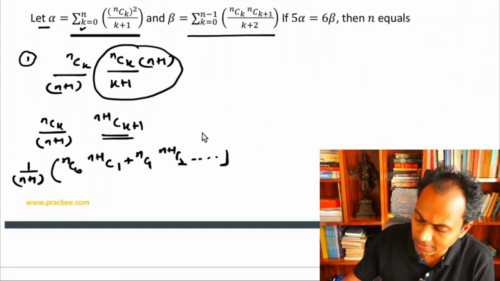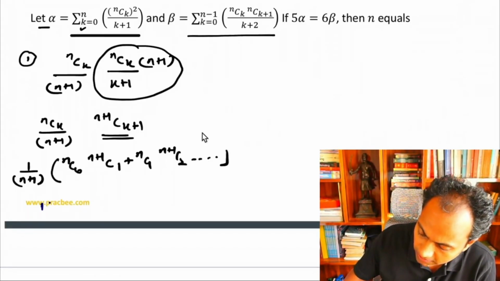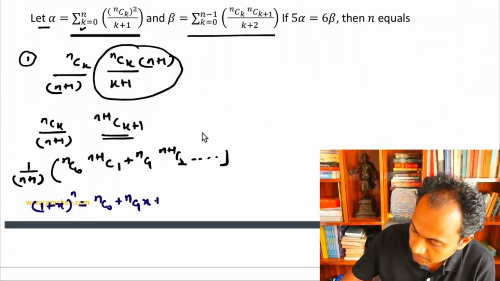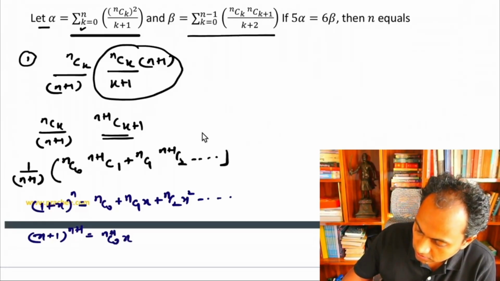Now if I want to find the sum, in the next step, I will have to take the multiplication of two series. 1 plus x raised to the power n, that would be nC0, nC1 into x, nC2 into x square, and then reverse the series and increase the power by 1, n plus 1. This will be nC0, n plus 1 C0, x raised to the power n plus 1, n plus 1 C1, x raised to the power n, so on and so forth.